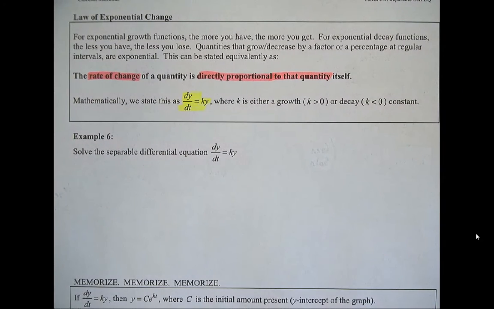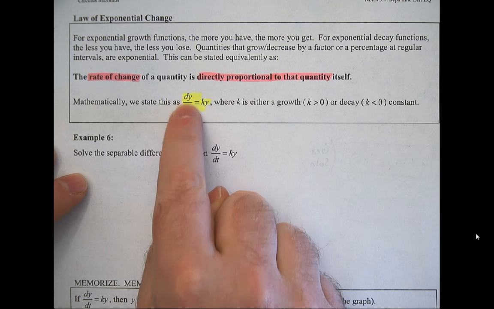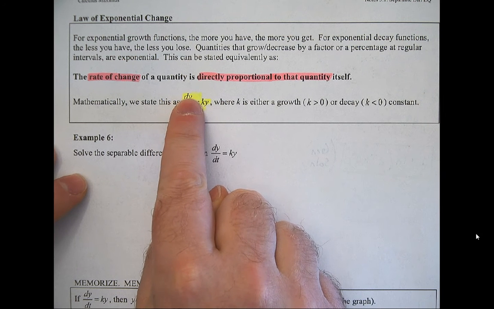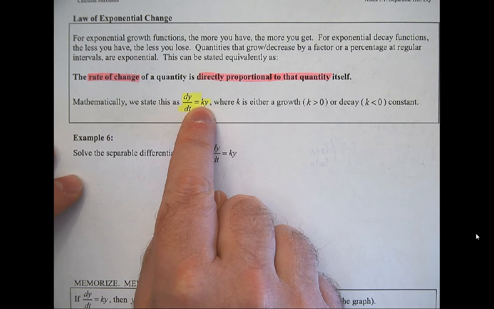Like, for instance, how is my amount in the bank changing? This is what this would represent: the change in my money over time. Well, that would be some factor. Let's say I'm getting 3% interest.